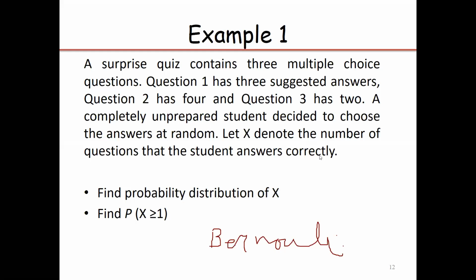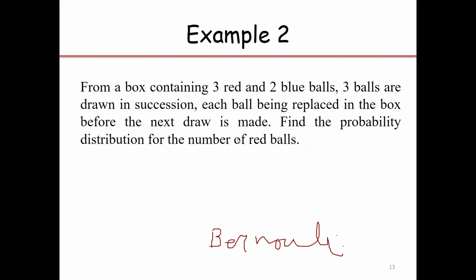The reason is that the probability of success is not constant from trial to trial in this case, as well as in the second example. If I took a blue ball from the bag, the probability of a blue ball becomes 1 upon 4 in the second attempt.